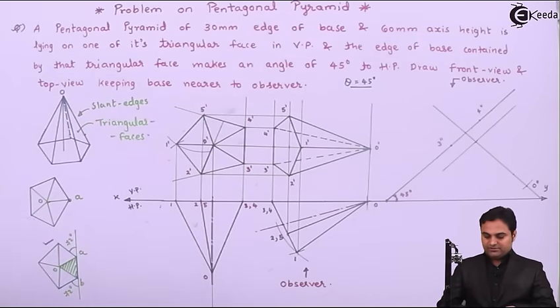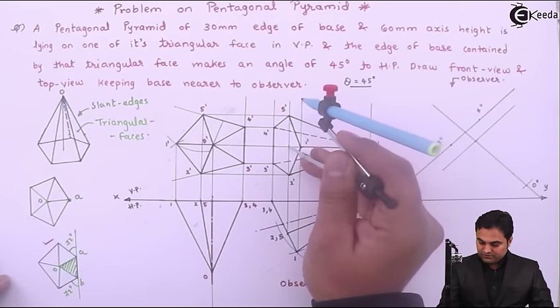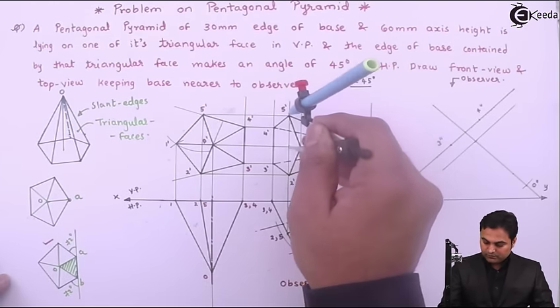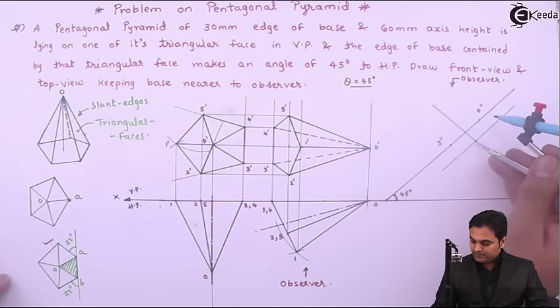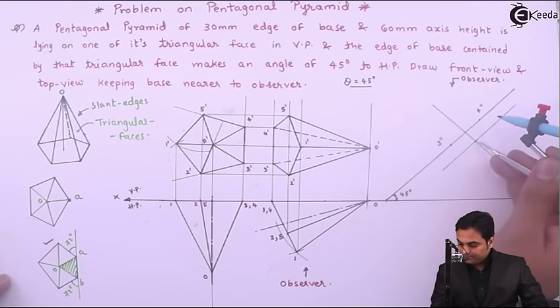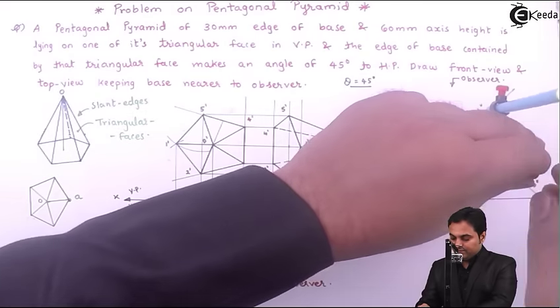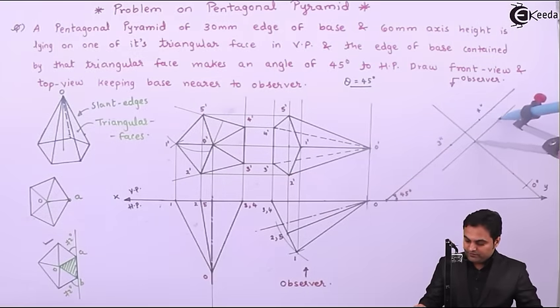Next I'll measure the distance from this center up to 5 dash, and same will be the distance up to 2 dash. So measuring that and cutting this light line which I have drawn.